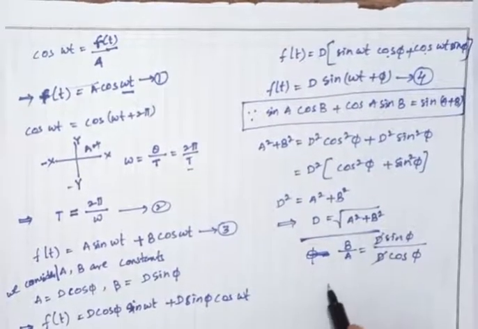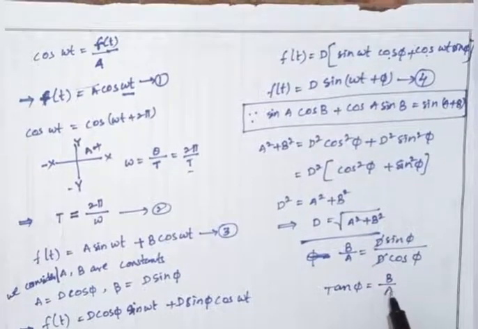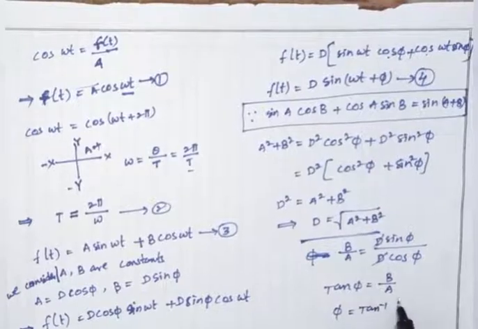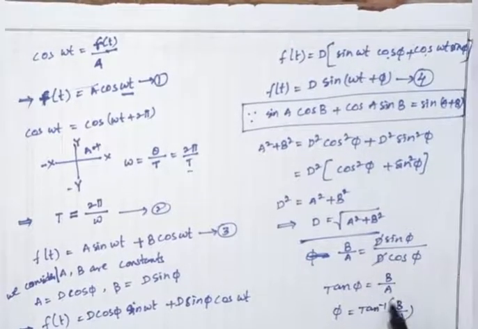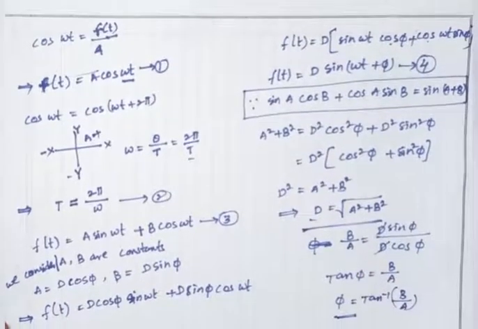D gets cancelled, so tan phi equals b by a. Then phi equals tan inverse of b by a. So the phi value and d value are both constants here.